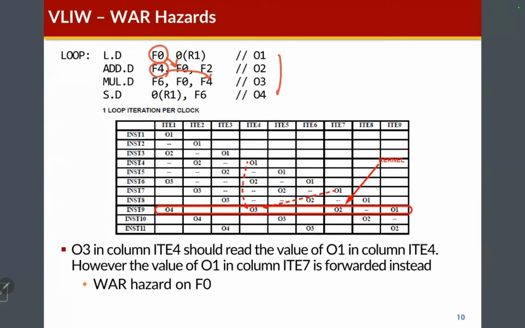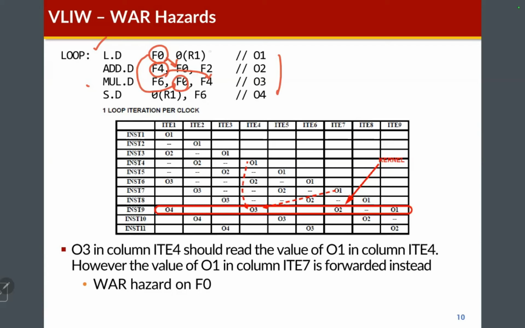But another problem is that this multiply instruction requires a result from the load instruction. We can find this case frequently because usually an instruction requires multiple source registers. So we can find some dependencies like this.